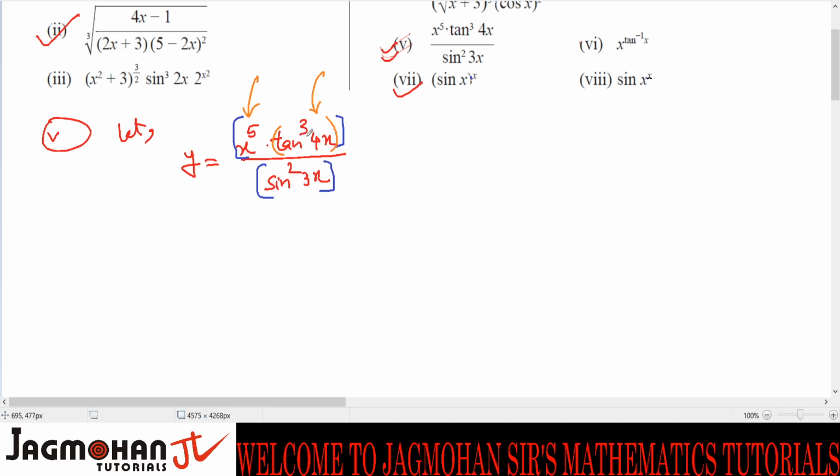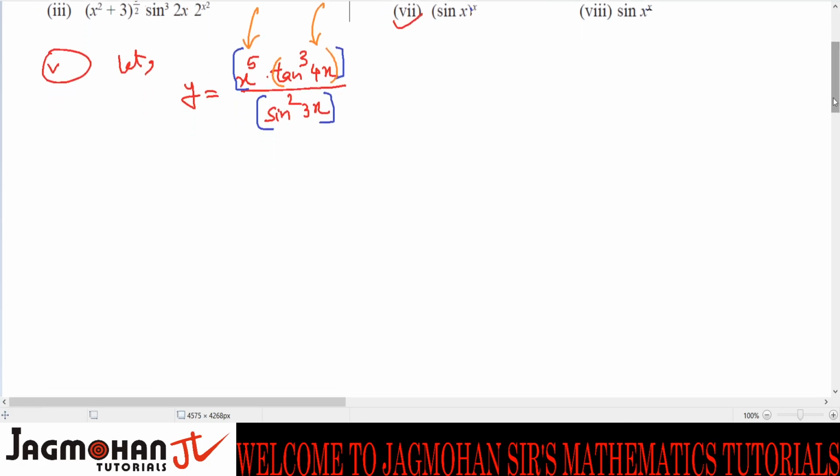So we have product, we have division, we have power. If I go for differentiating directly, it will lead to too many complex steps. It will become very complicated. So the best way to ease this complication is by taking log on both sides. So I write here, taking log on both sides.